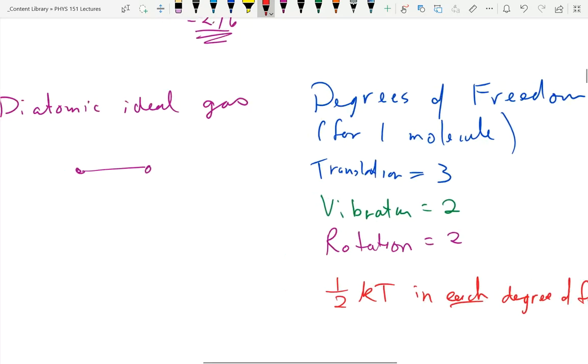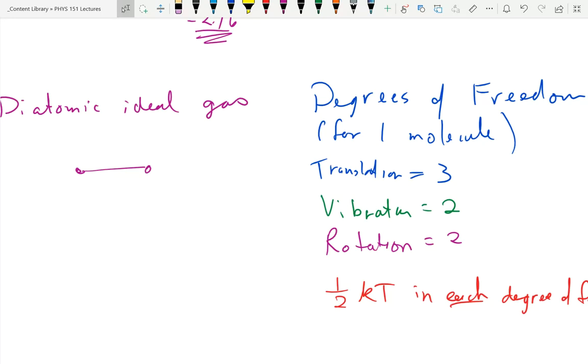So if it was monatomic, how many degrees of freedom would a monatomic ideal gas have? Monatomic ideal gas, it's not held together by a spring, so you don't have any vibrational, right? It also is a point mass, so it has no moment of inertia. So how many degrees of freedom does a monatomic ideal gas have?